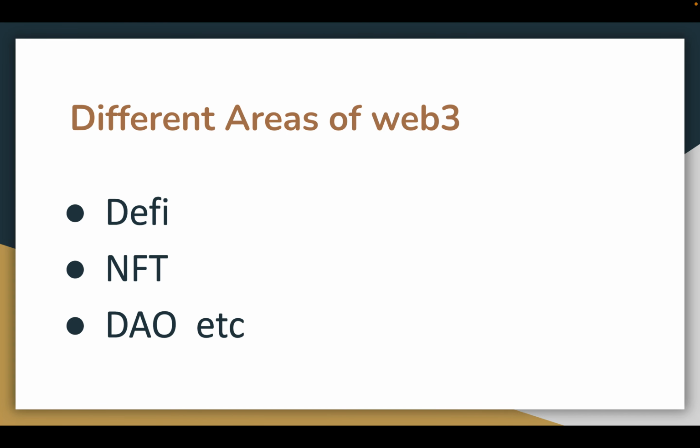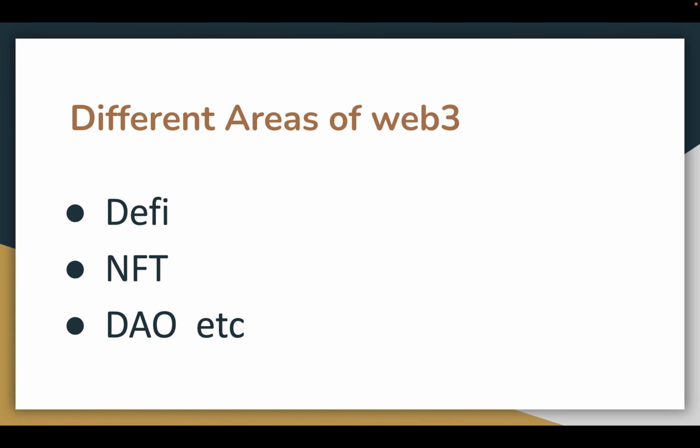Then DAO stands for decentralized autonomous organization, a form of governance. In our governance system at the moment, everything is centralized. The normal way we run governance in a country or in an organization is centralized.